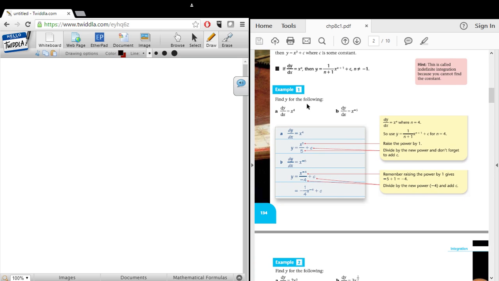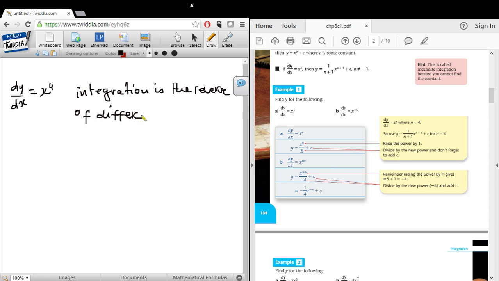Example 1. Find y for the following: x to the power of 4. Now I just want to make a very fine point here, and something that's going to help you understand everything very easily. Integration is the reverse of differentiation.